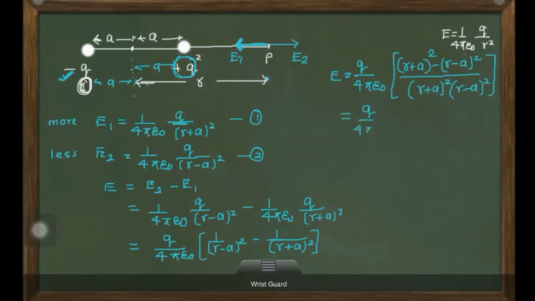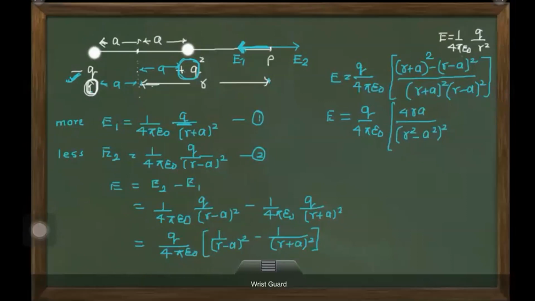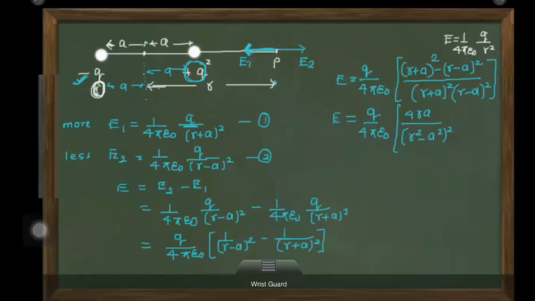Now, you can take Q upon 4 pi epsilon naught, and I am going to simplify it. When you square it and do all the things here, it will come to 4RA. And the thing in the denominator will be R square minus A square whole square. This is the total value.